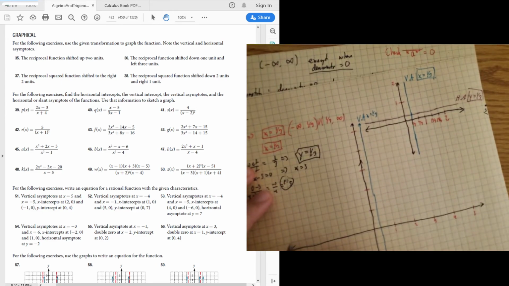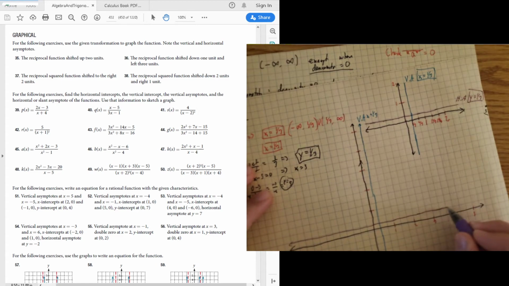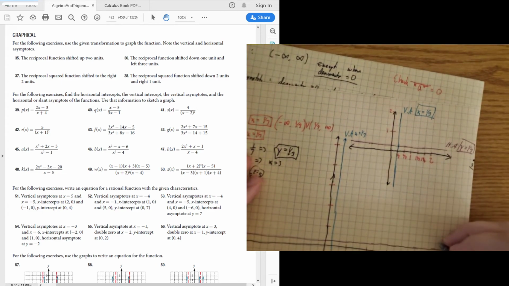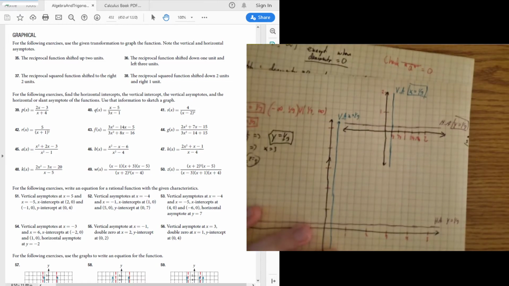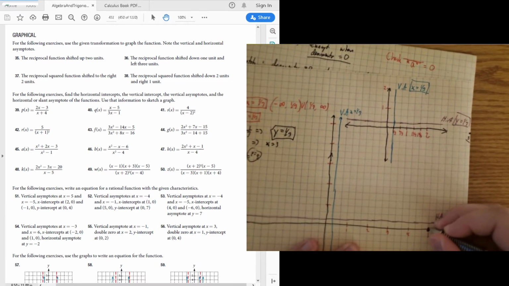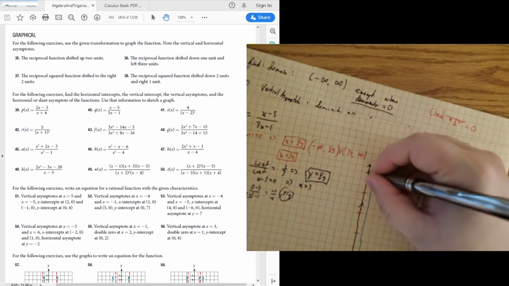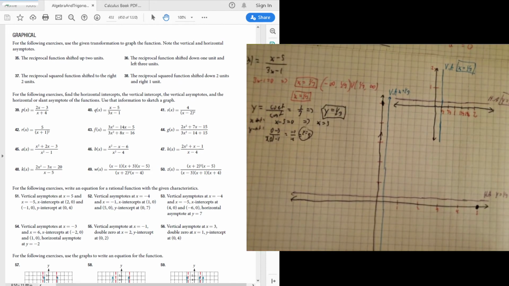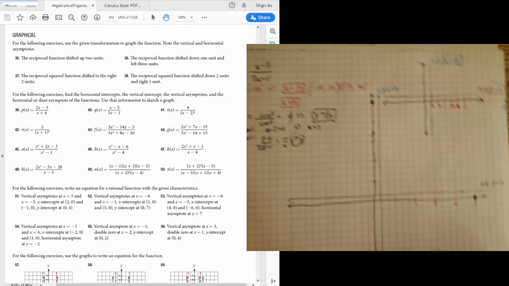At 1/3 on the y, this is my horizontal asymptote. And this is when y equals 1/3. My intercepts occur at positive 5 on the x and at positive 5 on the y. Nice big dots.